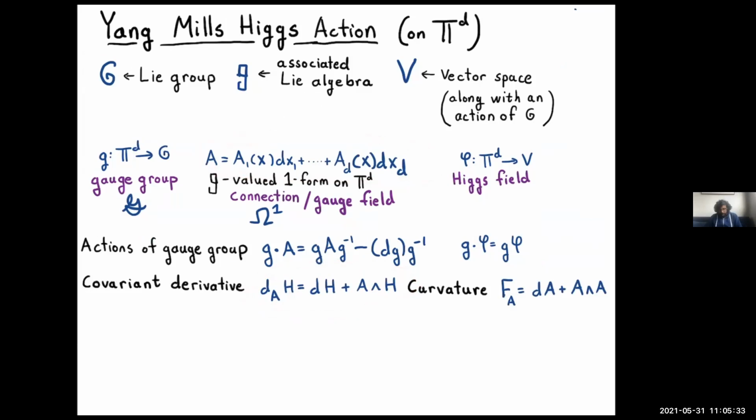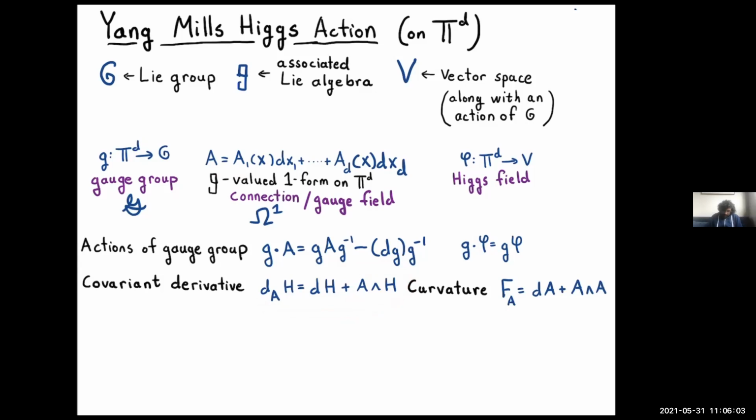It's a combination of just the exterior derivative with a correction with another term. And here the wedge product is a wedge with respect to the differential forms and the appropriate product. Basically, this definition can be applied to things that take values in the vector space, or if you're applying it to something that's Lie algebra valued, your product should be the bracket.